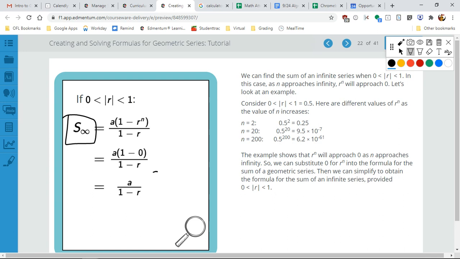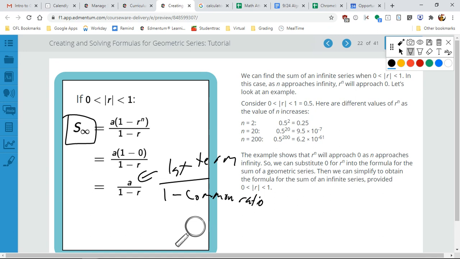It's only the first term, so whatever the first term is, divided by 1 minus our common ratio, the thing that we keep multiplying by. And this only works if we're multiplying by a fraction.